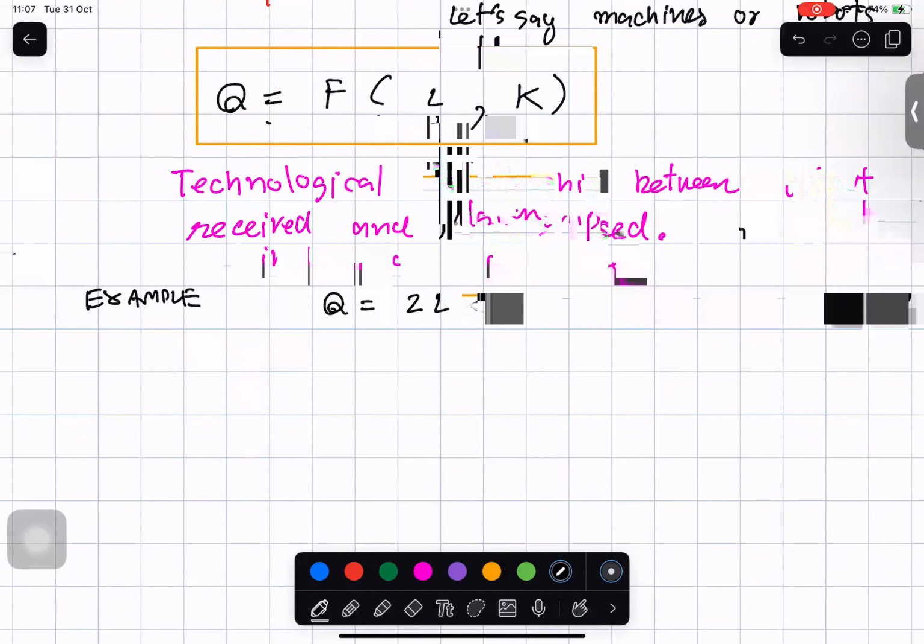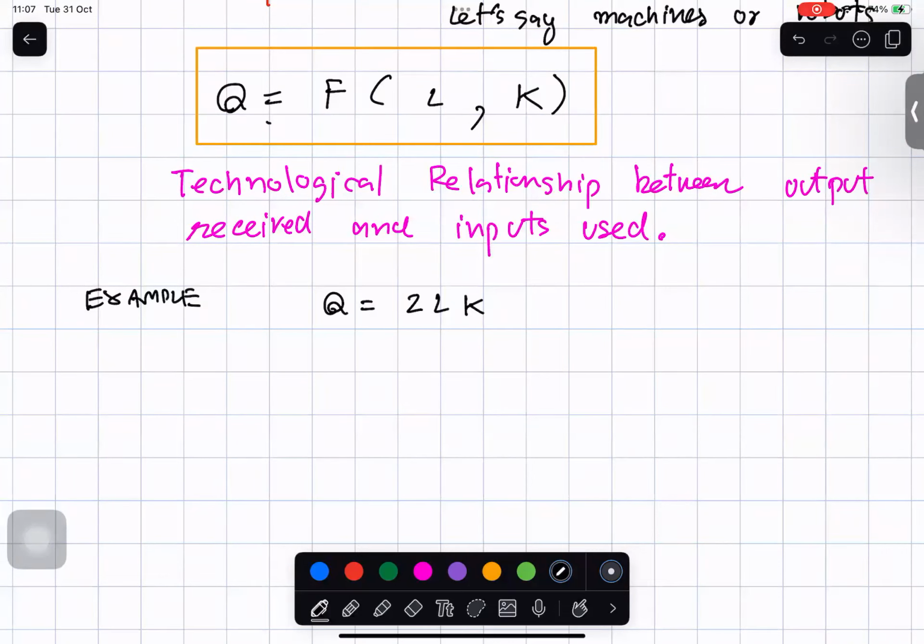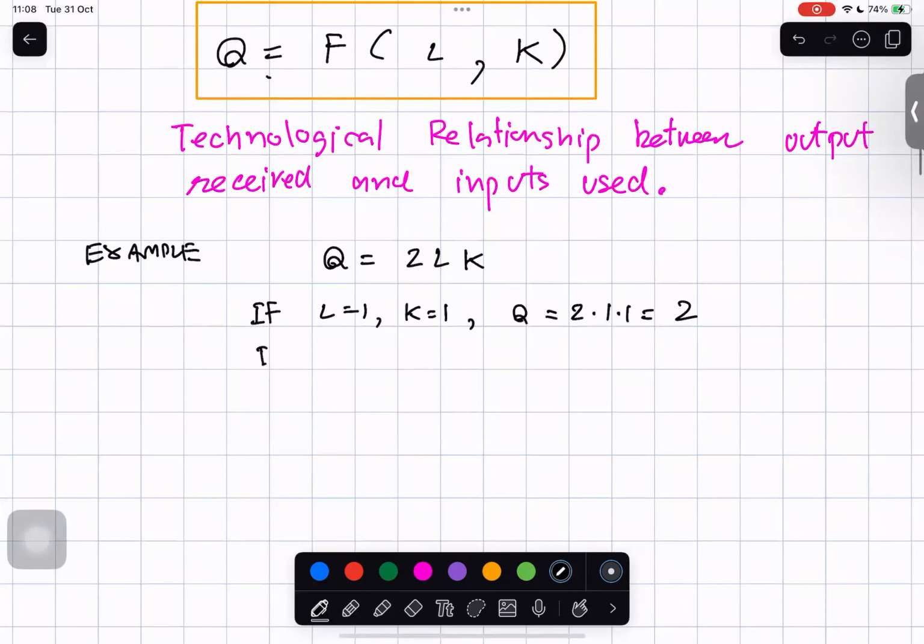So if the production function looks like this, let's have an explicit form. Q equals 2 times L times K. That means if we use one worker and we have one machine, we would get an output equal to 2 cookies.